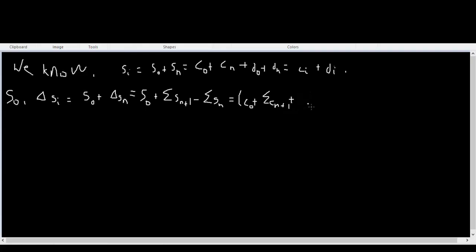Now we're assuming that summing those equations equals s sub i. So if that's the case, summing the differences of c sub i plus d sub i should equal the difference of s sub i.